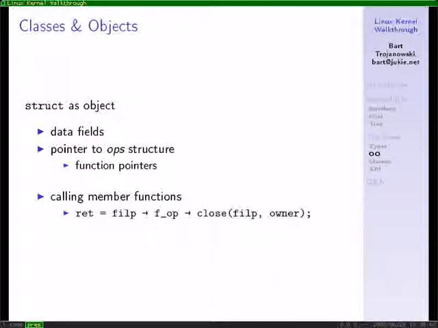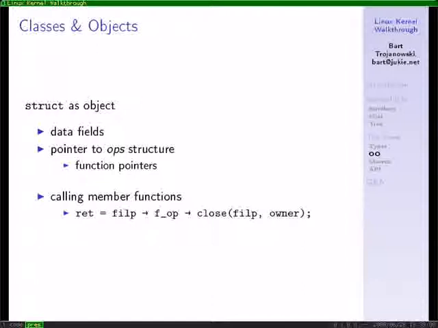So here we have an object, a file pointer, which is frequently abbreviated in Linux to FILP, and we're going to call a close method in this function. So there's an op structure, which in this case is f underscore op, and it is a shared structure amongst all of the file objects that implement the same type of files, the same kind of file descriptor, if you will.